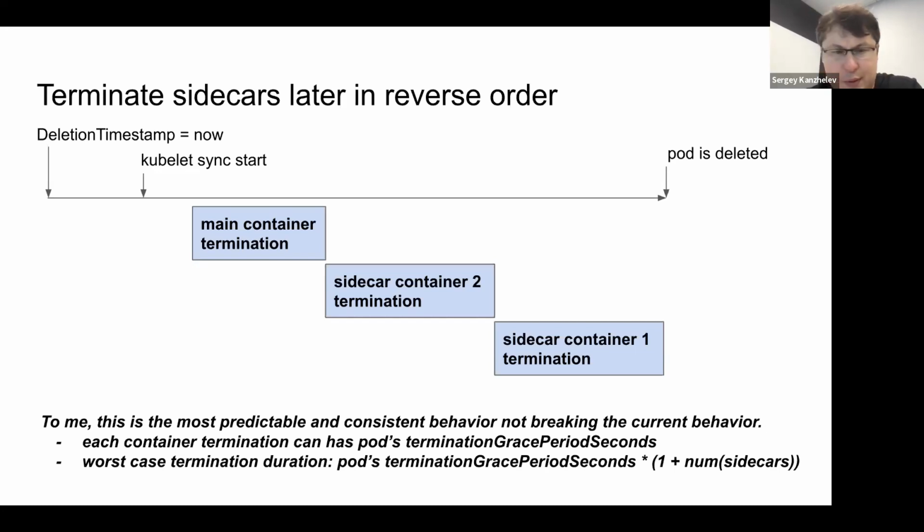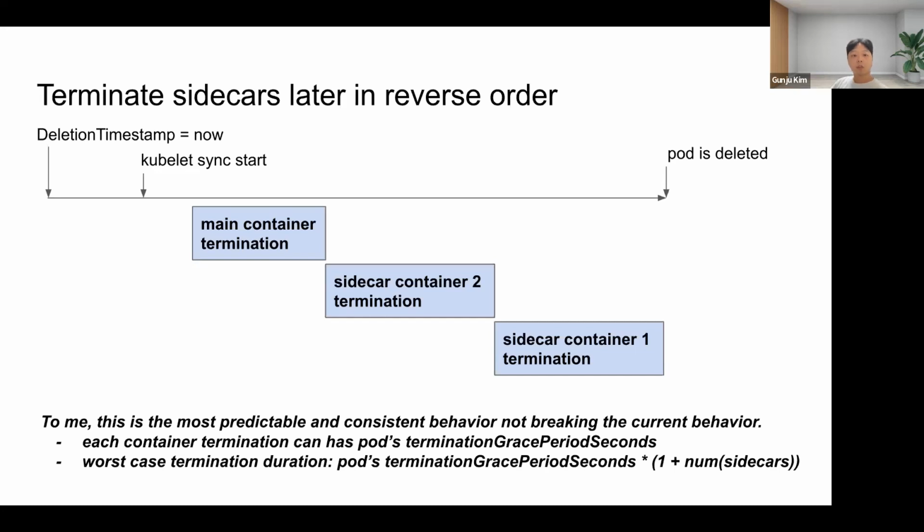What do you think? Actually, I'm not sure about the second scenario. If we use the pre-stop hook for signaling the sidecars to terminate gracefully, then there is an ambiguity about when the real termination start moment is for a sidecar container.